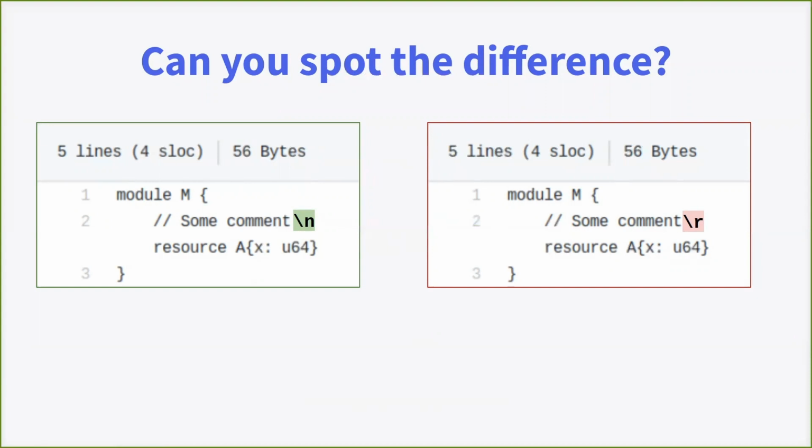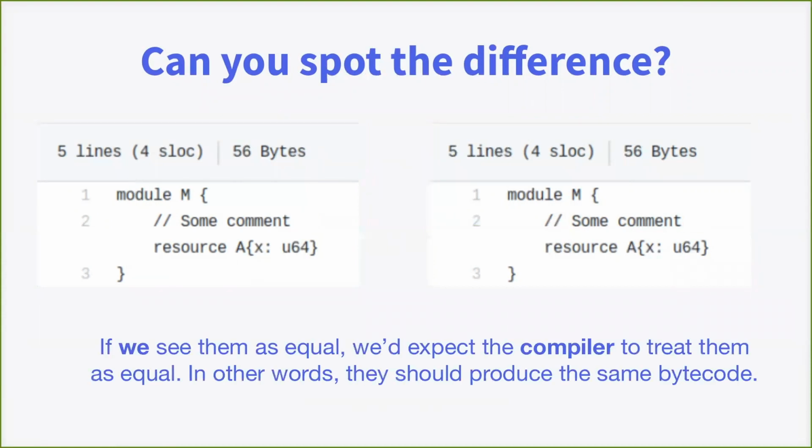So that is the actual difference between the two modules. So the thing is, we do see them as equal. So if we do see them as equal, we expect the compiler to treat them as equal. That means that, in other words, they should produce the same bytecode when compiled.